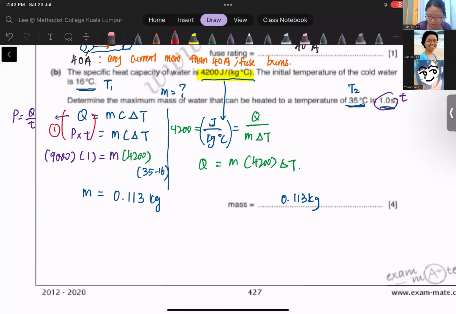So this part here is 1 mark. Then you have Q is equal to mc delta theta, you get another 1 mark. And then you substitute everything correctly, 1 mark. Final answer, 1 mark. Very good. Total, 4 marks.